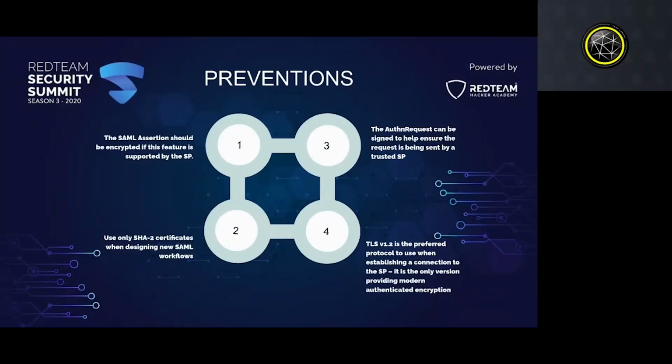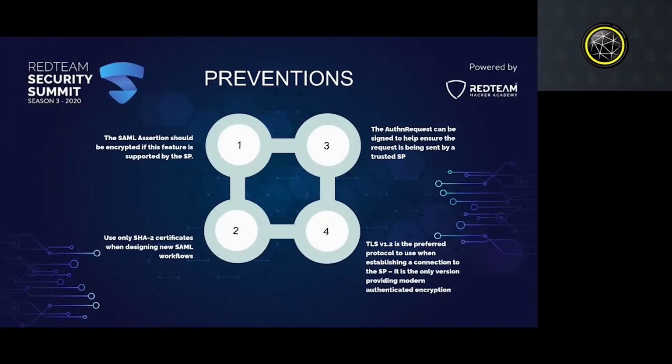Now moving on to the preventions of SAML, we have four standard things that most SAML service providers tell us. One of them is that the SAML assertion should be encrypted if the feature is supported by the service provider. Since we have seen that there is a SAML response which we are directly decoding, it can be easily decoded through online decoders or simple decoders.